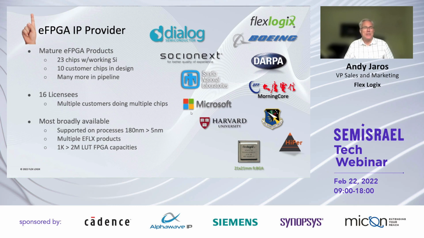They are believers in the IP and that technology, and are moving it forward in their product roadmaps. We also provide the most support on available process nodes, from 180 nanometers down to 7, and we'll soon be working on 5 nanometer. We have multiple products, and we can scale our capacity from 1,000 to 2 million LUTs.